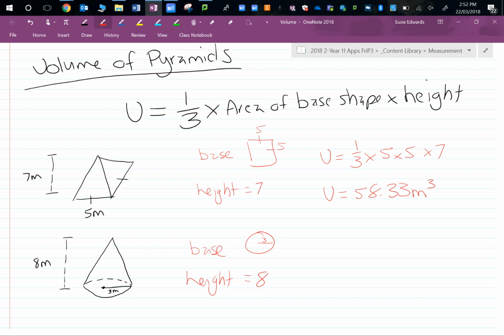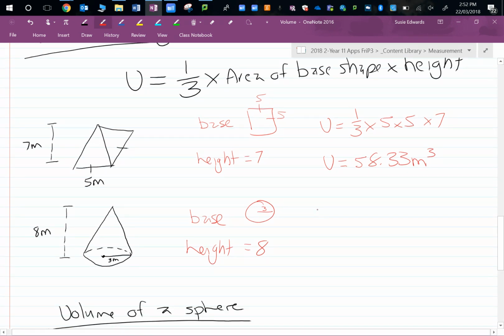All right? So volume equals pi r squared, pi times the radius, 3 squared, times by the height, which is 8. We've only got one more to go.